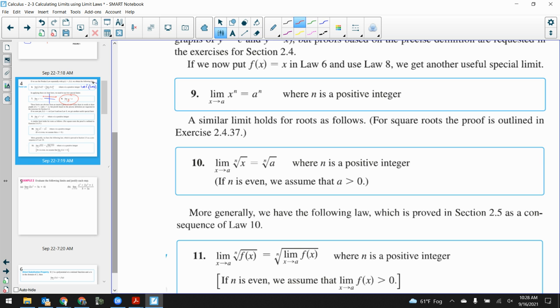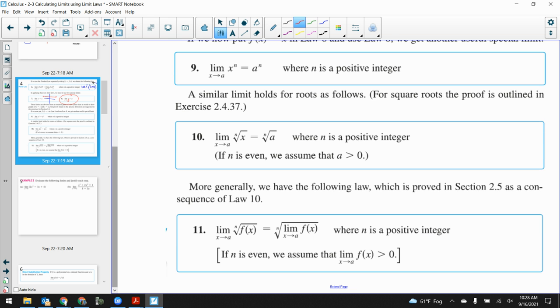Same type of thing here for square roots, nth roots. Doesn't have to just be square. The limit as x approaches a of the nth root of x is the nth root of a. I can just plug that in and solve. So the limit as x approaches 3 of the square root of x is the square root of 3.